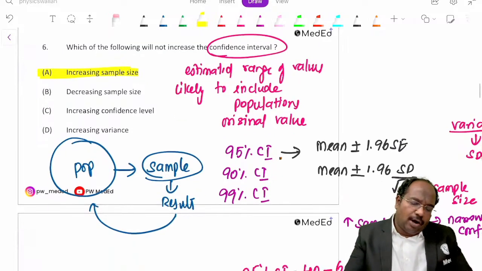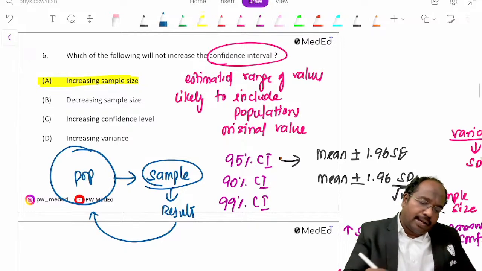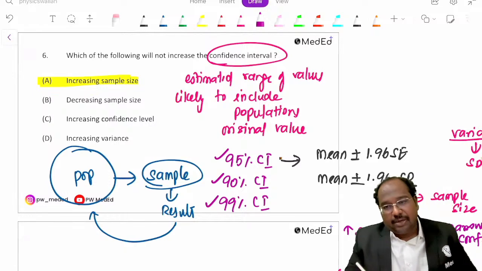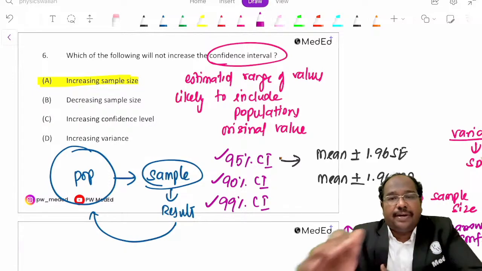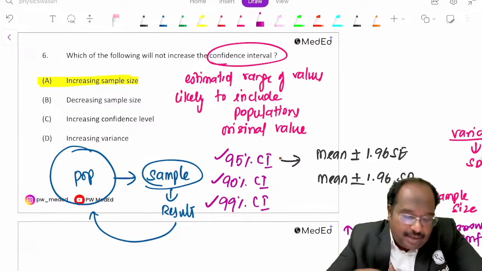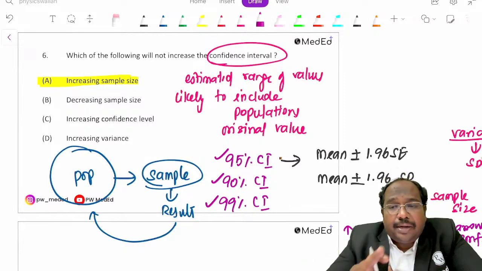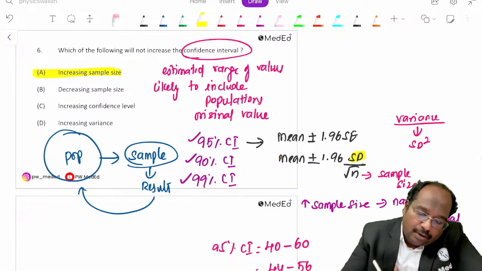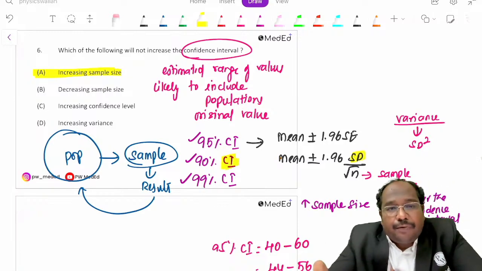Increase in confidence level: 90%, 95%, 99%. If I increase the confidence level, the confidence interval also will vary. I already told you that confidence interval and variance are directly proportional. So if you increase the variance, the confidence interval will increase.